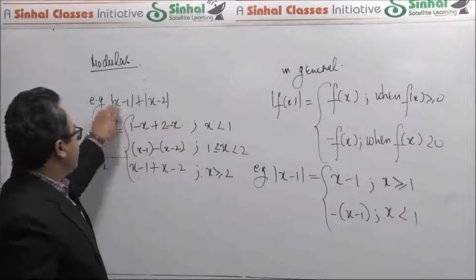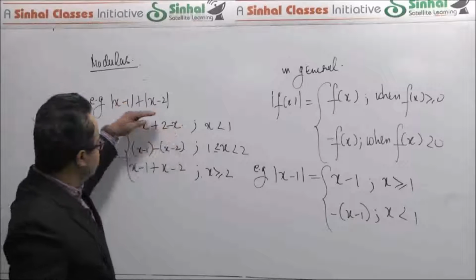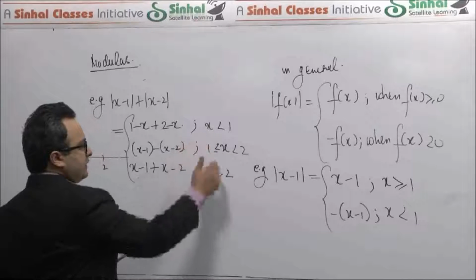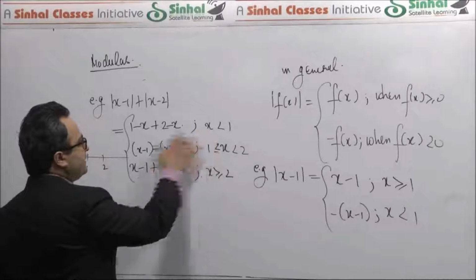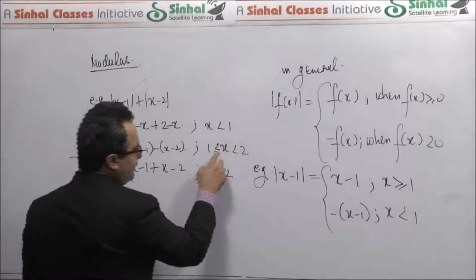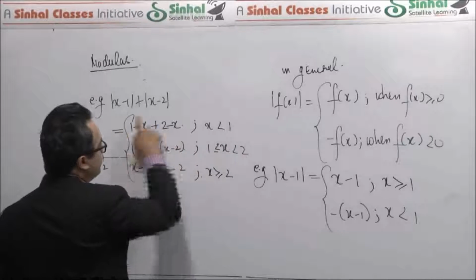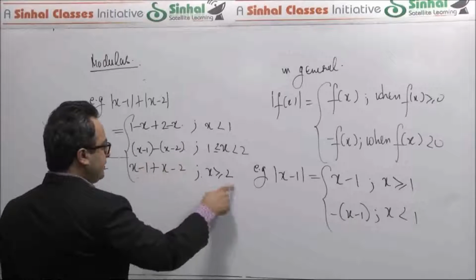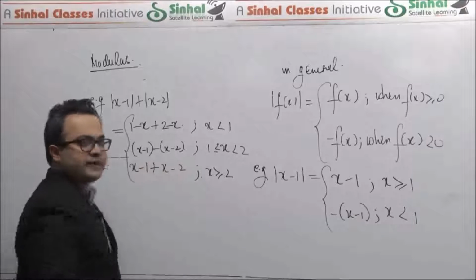And so finally you can say that for mod x minus 1 plus mod x minus 2, the value of this expression can be split up into 3 cases. For x less than 1, it will turn out to be 3 minus 2x. When x is between 1 and 2, interestingly, the entire expression is turning out to be a constant equal to 1. And when x is greater than or equal to 2, you're getting the expression 2x minus 3.